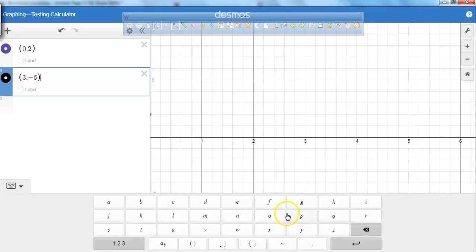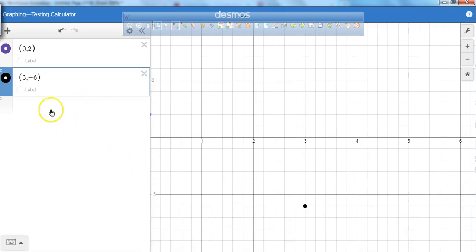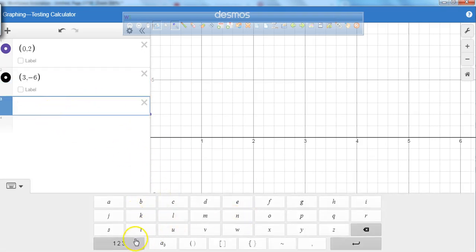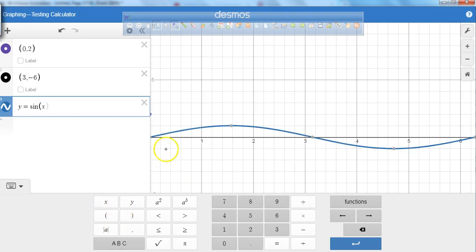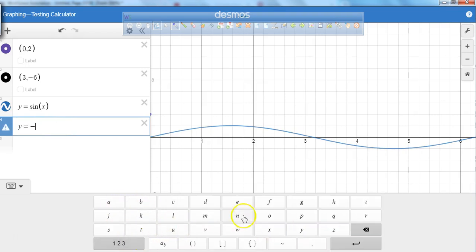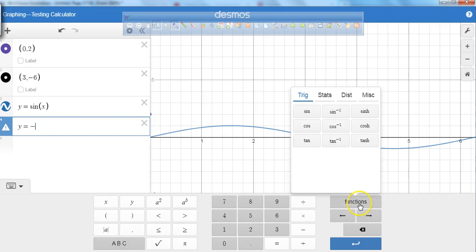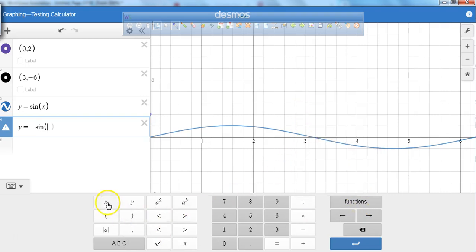I'll go over to Desmos so you can see. If I say y equals sine of x, you can see it goes up and down and back up. But if I say y equals negative sine of x, you can see it goes down and then back up.